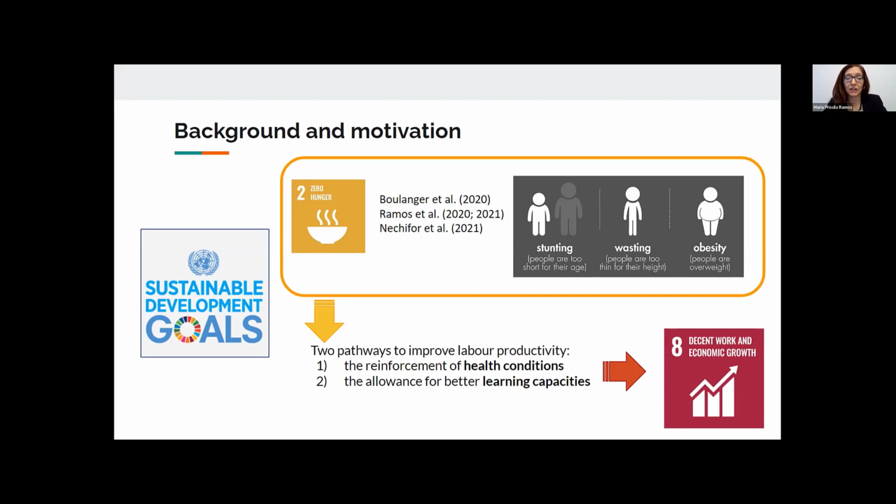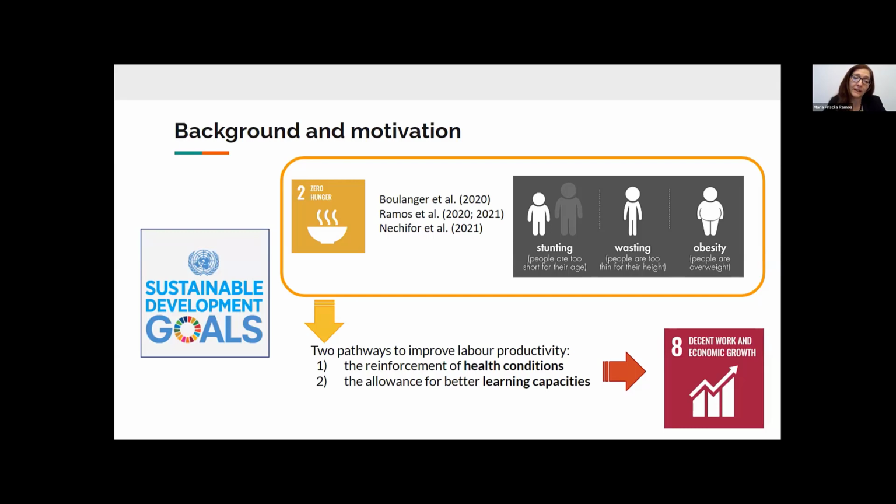So reviewing the literature on this particular link between labor productivity and food security and nutrition, we have identified two pathways through which improving dietary nutrients could enhance labor productivity and thus economic growth.